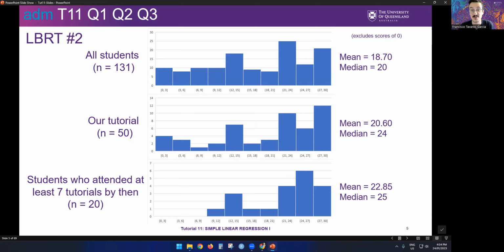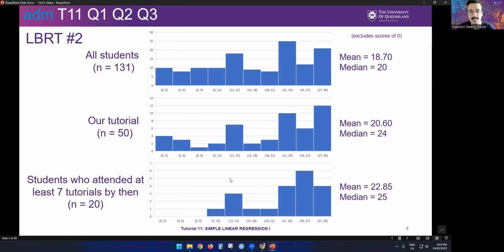And if you haven't had enough motives to attend the tutorials, students who attended at least 7 tutorials by now, up until last week, so 7 out of 10 or more, had a mean also 2 points above our cohort mean, and the median 1 point up.